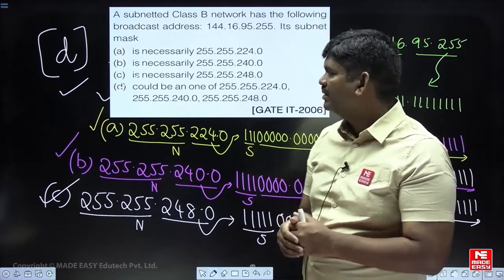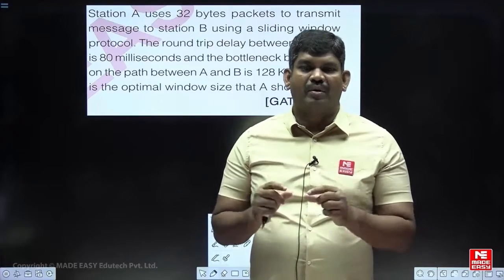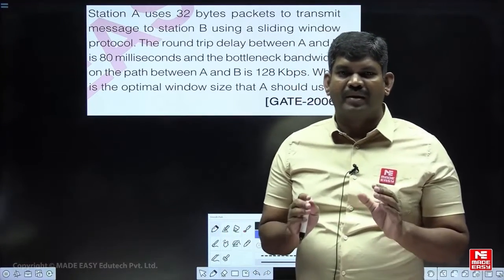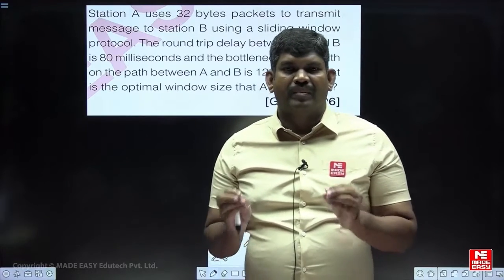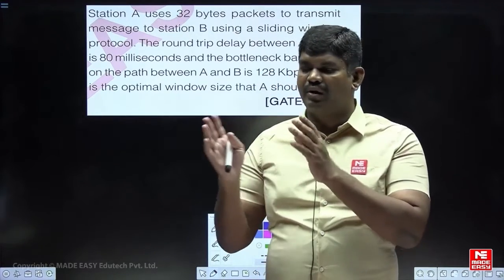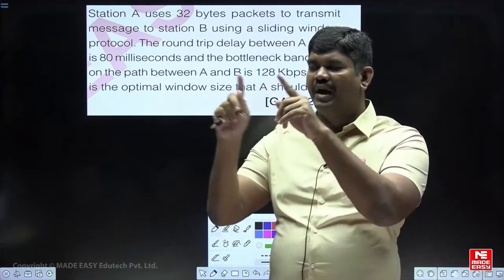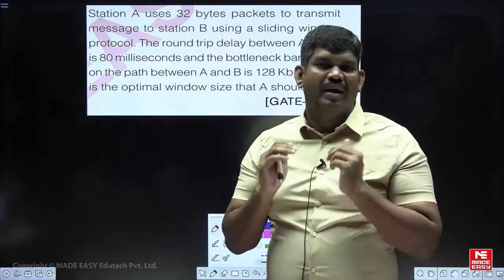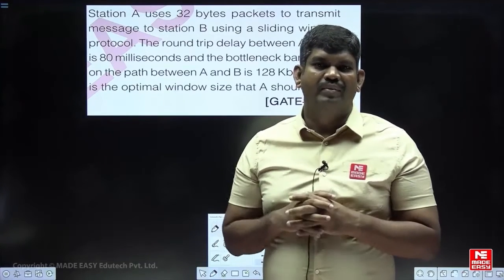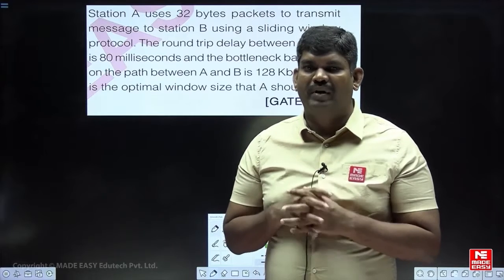Basically this model problem is about the window size. Window size is such a parameter. You take the sequence numbers, and on top of the sequence numbers you place a window size, and that window size tells you how many frames you can transmit at a time, in a round trip time. That is the meaning of window size.